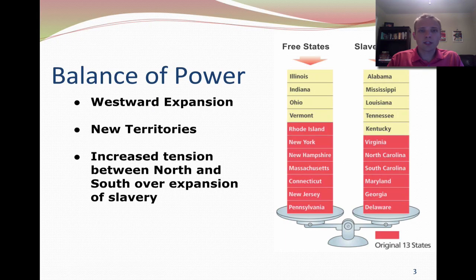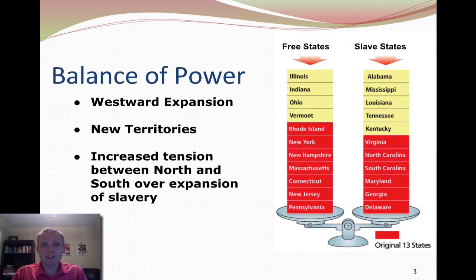So what did this look like? In the United States government, there was a balance of power between these slave and free states, 11 on each side in 1819. And so neither side could have an advantage over the other in the House or the Senate. And that was fine until the United States continued to expand west and acquire new land.